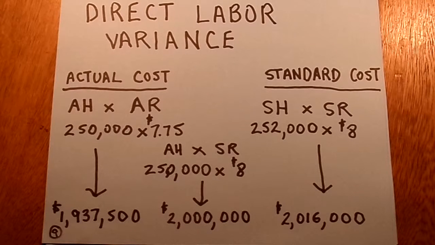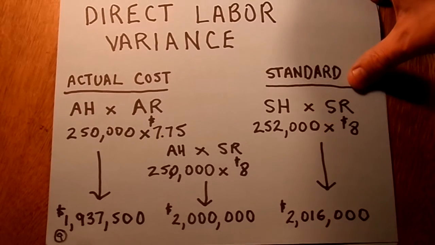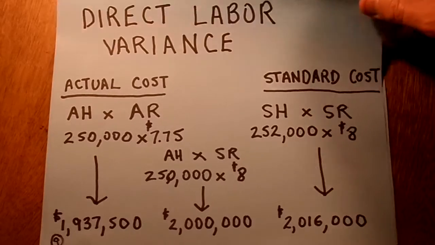And then in the third column, we have standard hours times standard rate, total budget, no actual numbers here. And we have 252,000 times $8, brings us to 2,016,000. So we're going to take those numbers over to the next page and plug them into variances to see if they're favorable or unfavorable.